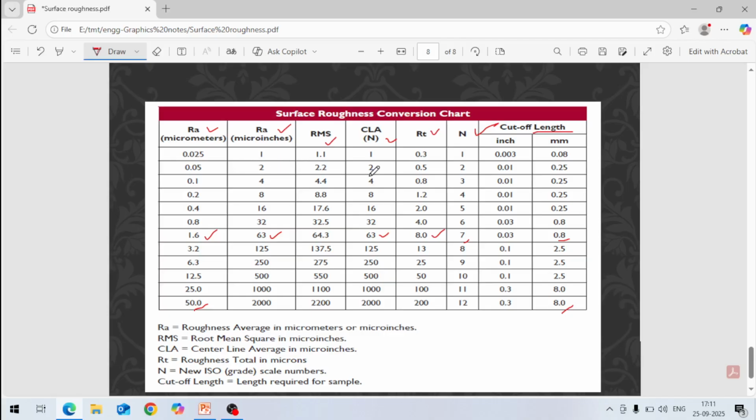So this way you can see here the total roughness is from peak to valley, the total distance, and the RA value we have already seen is measured from the mean line. And this CLA value is approximately the same as RA, and this RMS value is something like 10% more than the RA value.